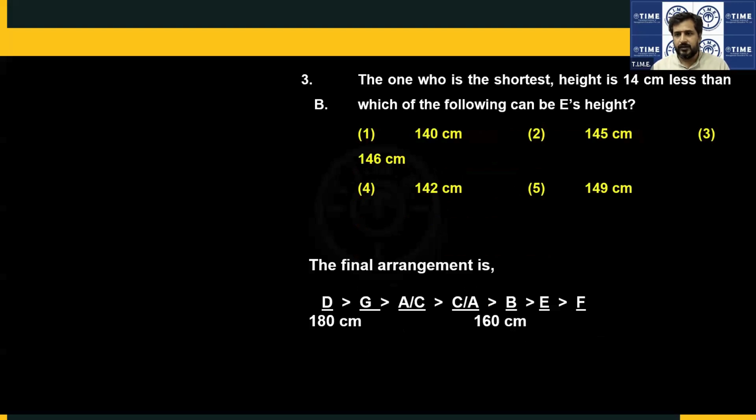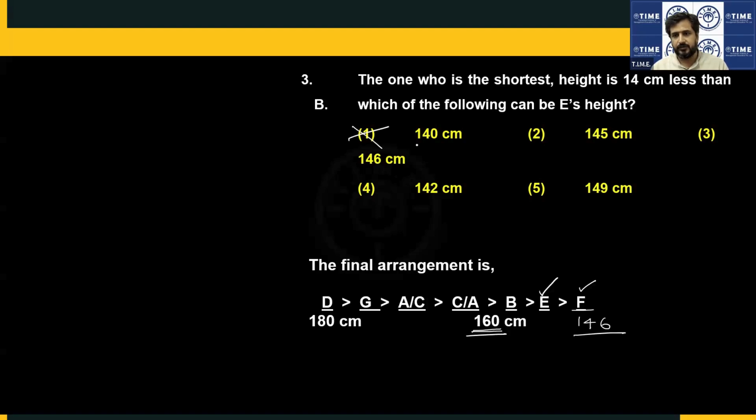The one who is the shortest is 14 centimeters less than B. Which of the following can be E's height? Who is the shortest? F. So F's height is 14 centimeters less than 160, so 146. What is the question asked? Which of the following can be E's height? It should be more than 146 and less than 160.